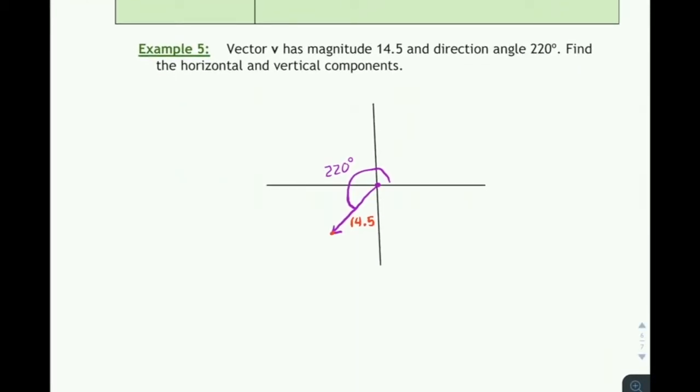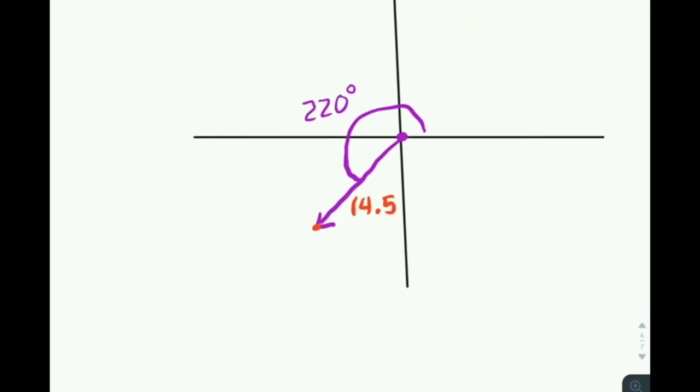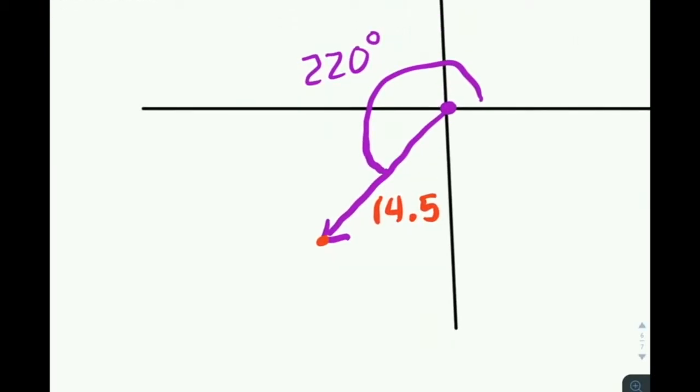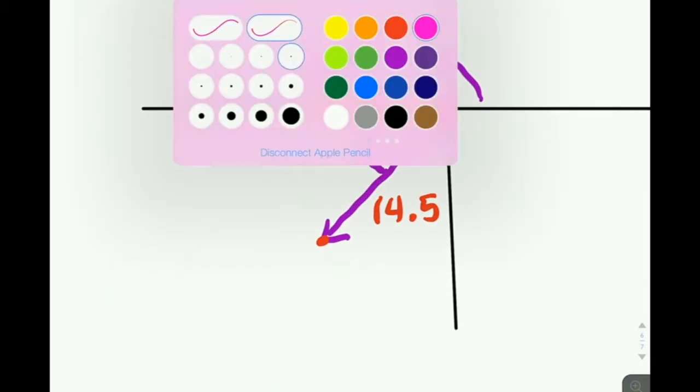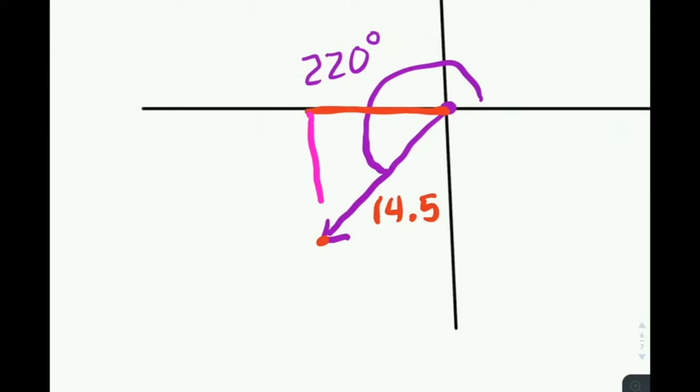To break down your horizontal and vertical components, it's easiest if you just turn this into a right triangle. Your horizontal component is basically your x value, and your vertical component is basically your y value.